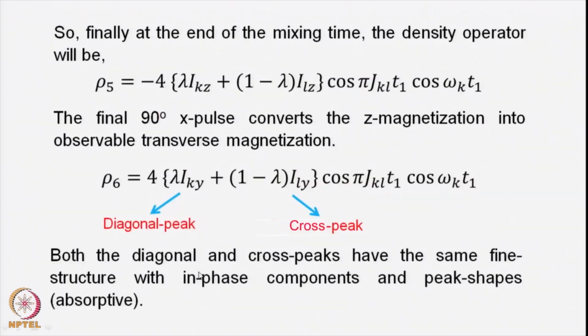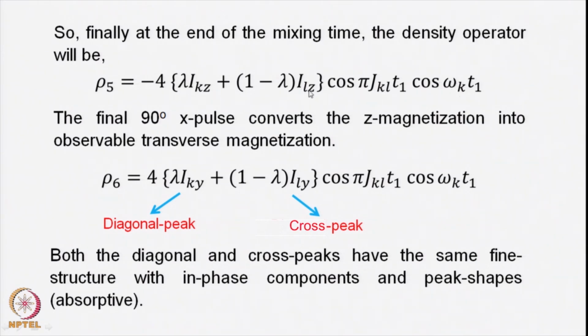Now we have looked at the density operator at the end of the mixing time. I have written here the density operator, which consists of the Z magnetization of the K spin plus the Z magnetization of the L spin. This has actually come from the K spin. Notice therefore that it also has the modulation in t1 as per the precession of the K spin.